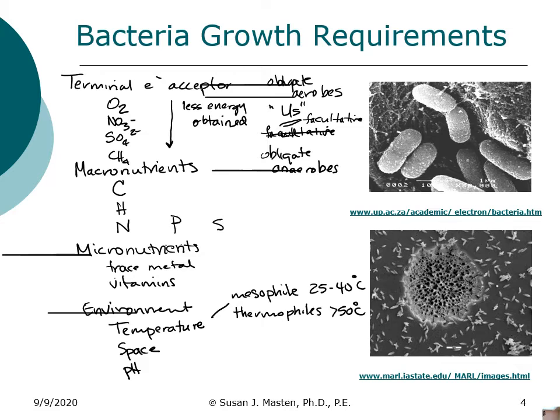Proper pH. For instance, in an anaerobic digester, which is often used in municipal wastewater treatment to stabilize or to degrade the organic matter in the waste sludge, there are two groups of organisms. There are acid fermenters and methane fermenters.